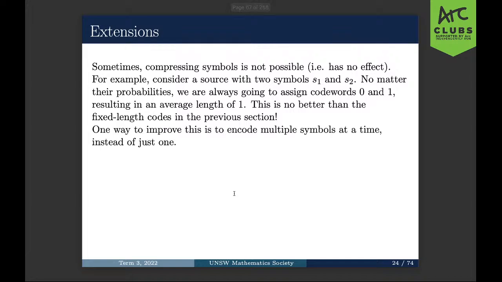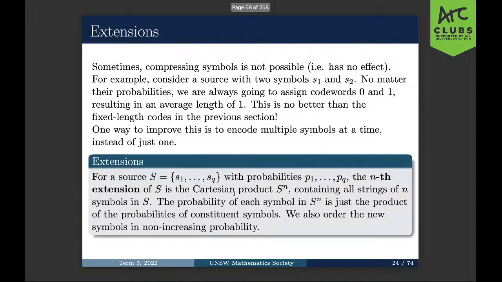So one way to improve on this is to actually encode multiple symbols at a time instead of just 1. Let me give you a definition first. If we have a source, S, with Q symbols, and they have probabilities P1 to PQ, we say the nth extension of S is just the Cartesian product S to the n.